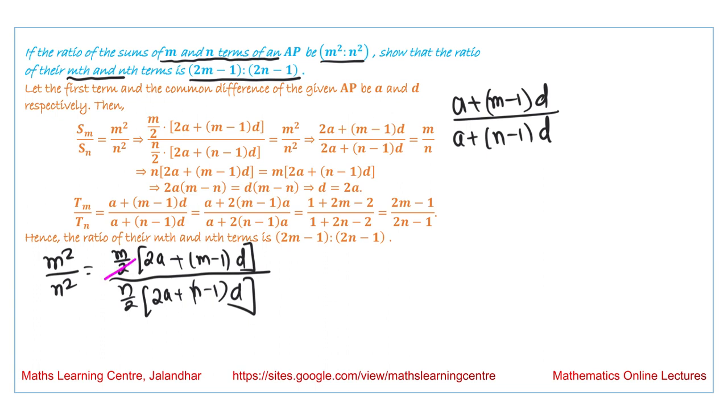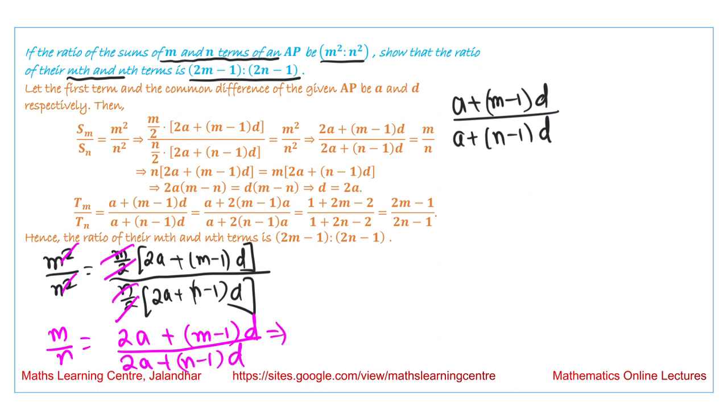So if we look at this result, this 2 gets cancelled, this m gets cancelled over here, this n gets cancelled over here, and what we have is that m by n is equal to 2a plus m minus 1 d divided by 2a plus n minus 1 d. So this implies that 2am plus mnd minus md is equal to 2an plus mnd minus nd.